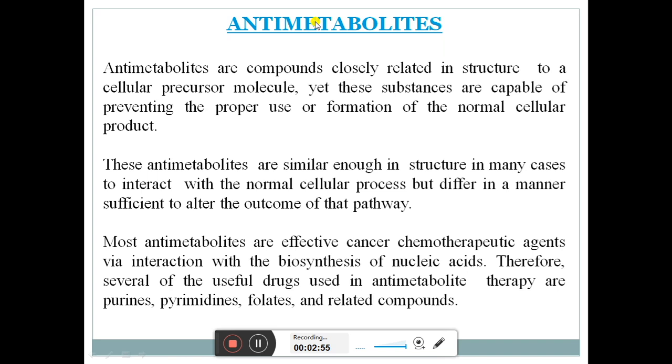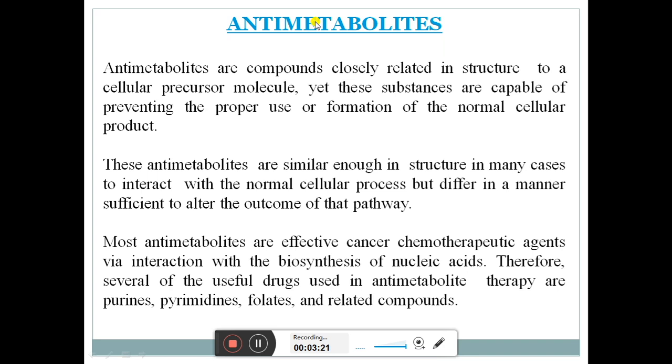For the synthesis of purine and pyrimidine, particular precursor molecules are required. These antimetabolites are substances closely related in structure to the precursor molecule, and they are capable of preventing the proper use or formation of normal cellular products.